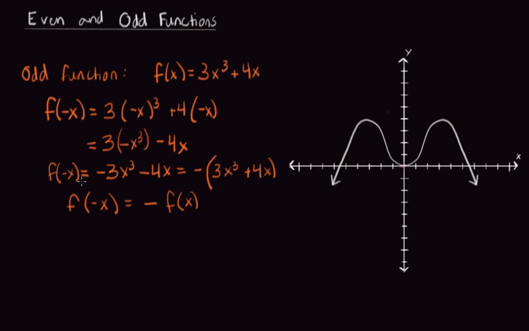So f of negative x is equal to negative whatever the original function was. And that's true for all odd functions. So if ever you have an odd function, any kind, polynomial or not, and you plug in a negative x, that negative should carry through to the entire function and make every piece of that function also negative. Or it should be like multiplying the entire function by -1.